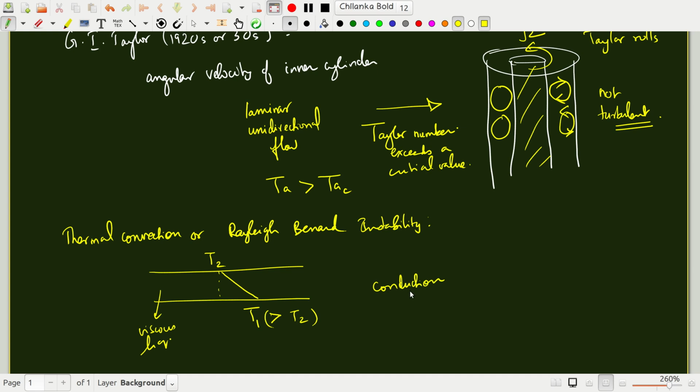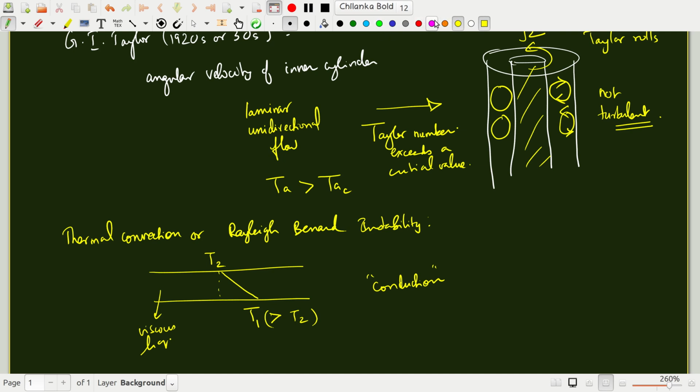If you solve for the heat conduction equation between these two plates, assuming no fluid motion or convection, the pure conduction state will result in a linearly varying temperature profile. But this is potentially unstable for the following reason.